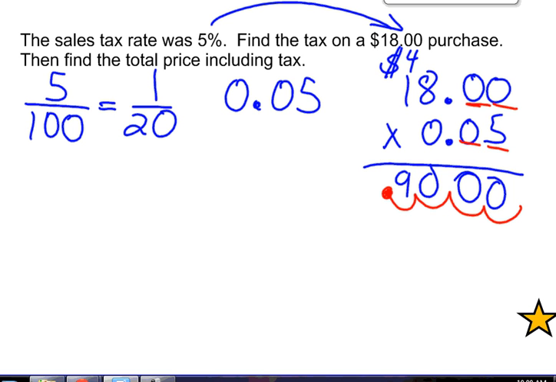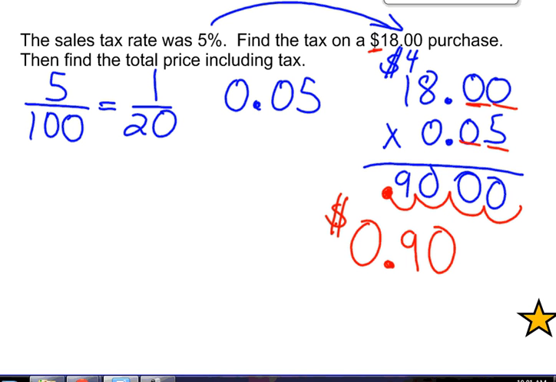And in the end, our answer is 0.9. However, we got to remember that we're dealing with money. And when we're talking about a 0.9, that's really this idea right here. 90 cents. And so we have this idea that we have 90 cents is the tax on this item.